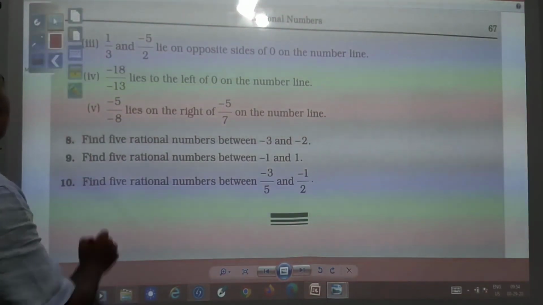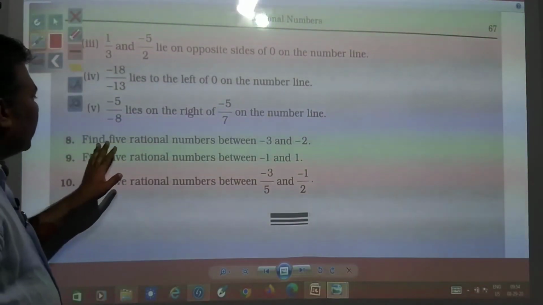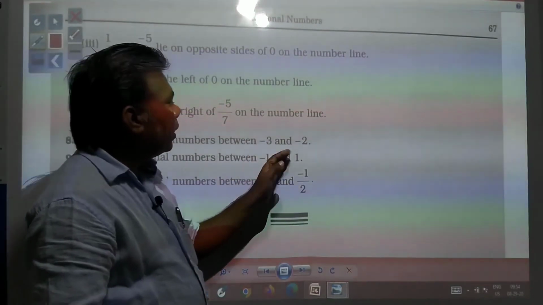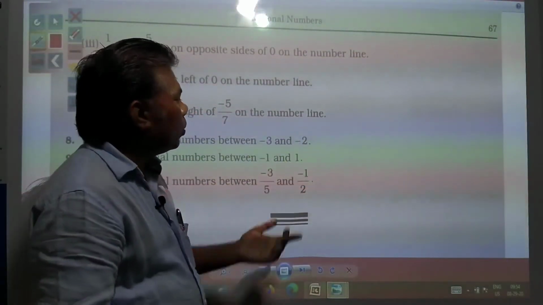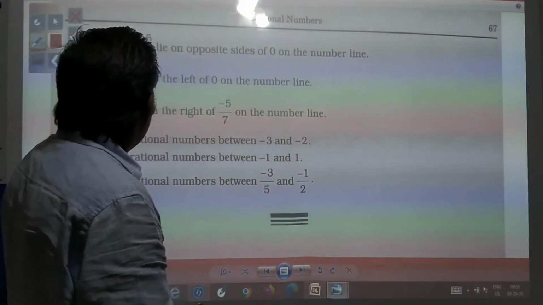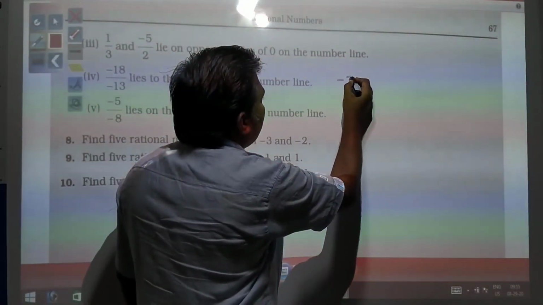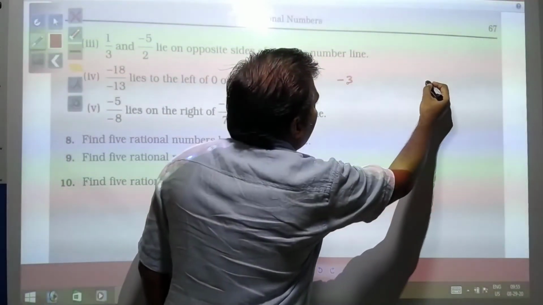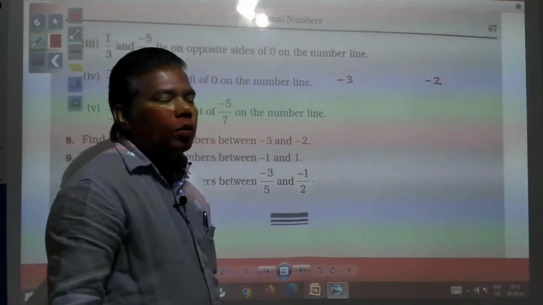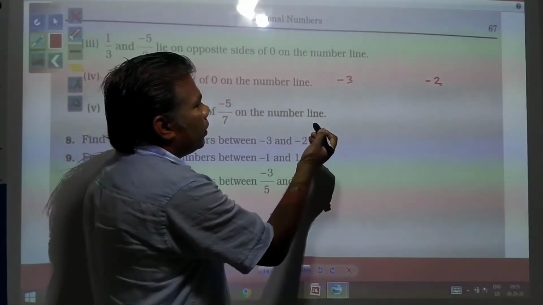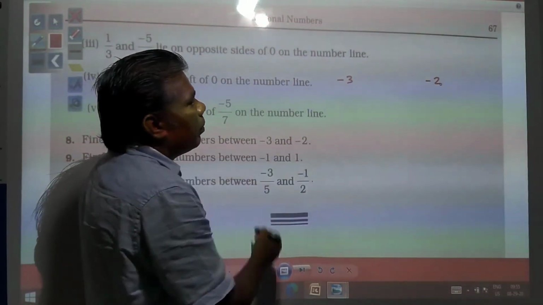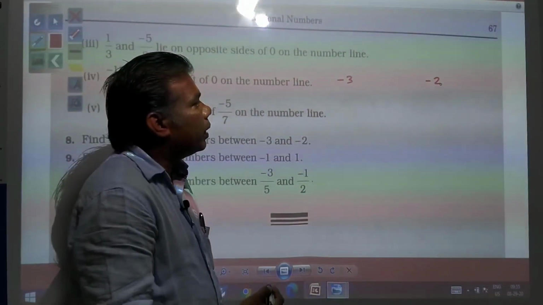Now you see, question number 8. Find 5 rational numbers between minus 3 and minus 2. So again, what is required to be done? We need to find 5 rational numbers between minus 3 and minus 2. So simply, any number that is required to be made minus 3, what is required to be done?